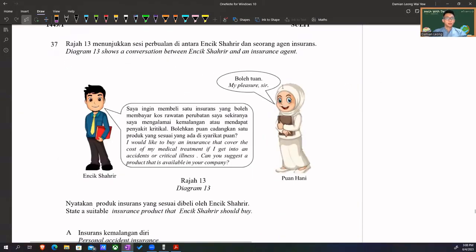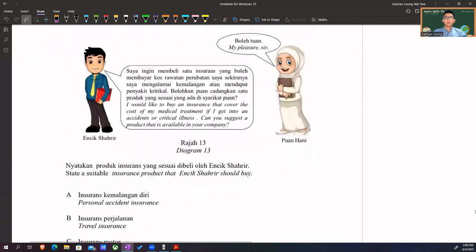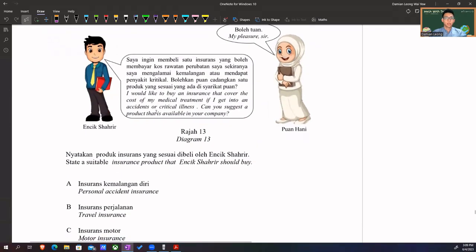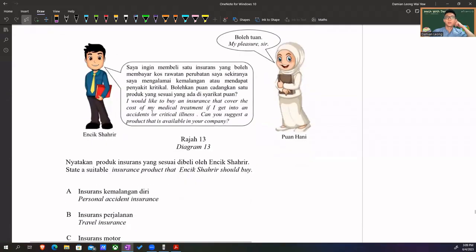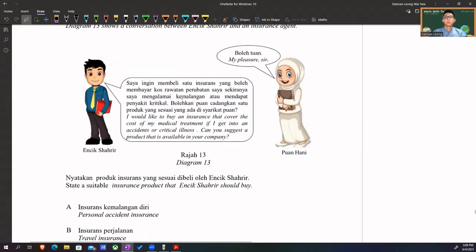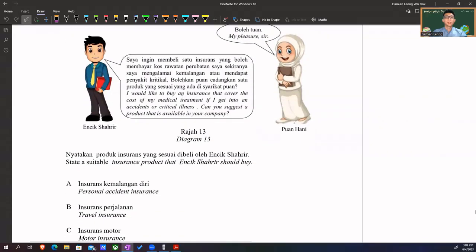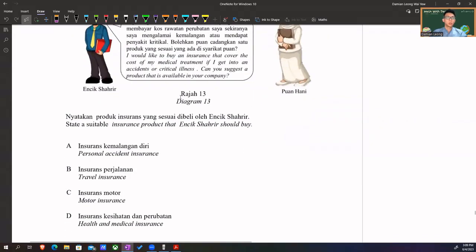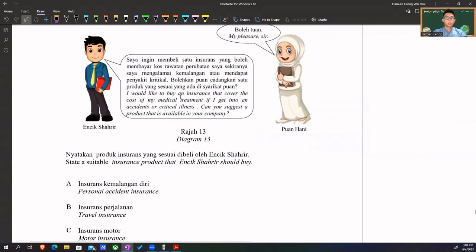Question 37. Conversation between Shahid and an insurance agent. I would like to buy an insurance that covers the cost of medical treatment if I get into an accident or critical illness. Can you suggest a product that is available in your company?